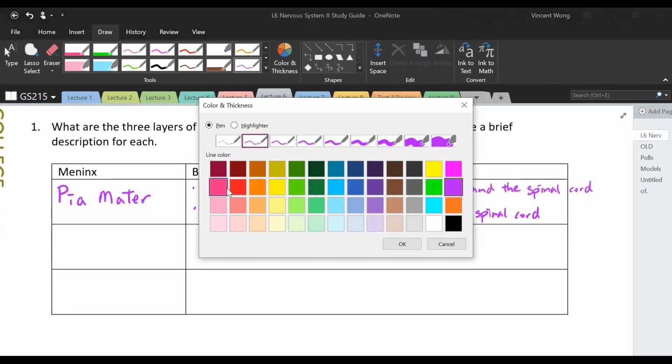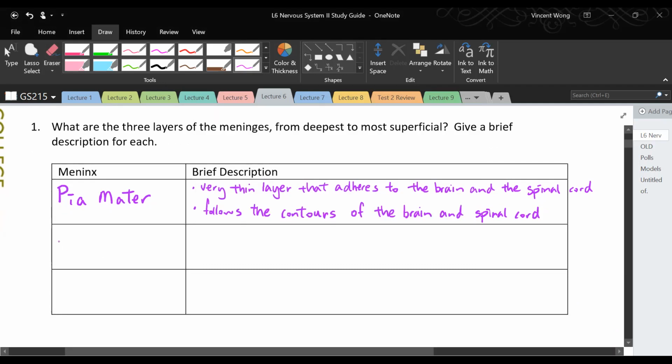Now, outside of the pia mater, you're going to get the arachnoid mater. Arachnoid means spider-like, right? So these are spider web-like structures.